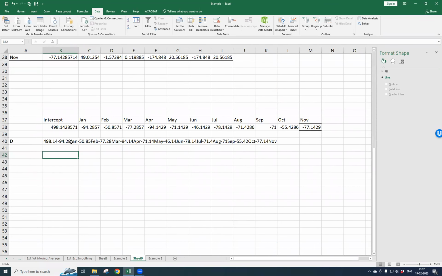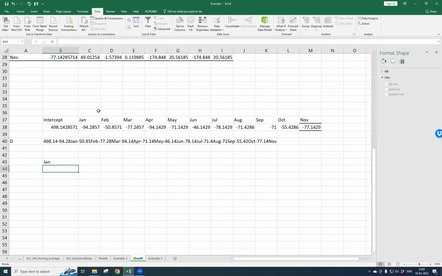Now, as we know, all variables from January till November can only take values of 0 and 1. So let's say, for example, the month happens to be January. If the month happens to be January, I know that only the Jan variable can take 1. All other things will take 0, right? So I want to predict the demand in the month of January.